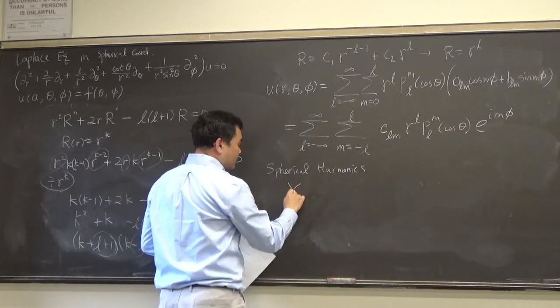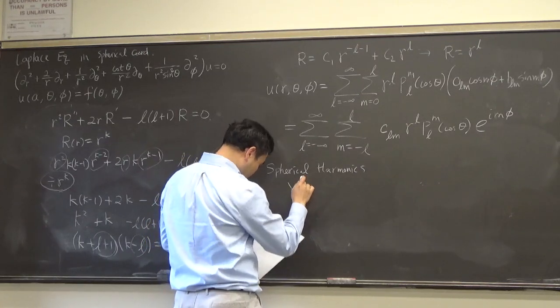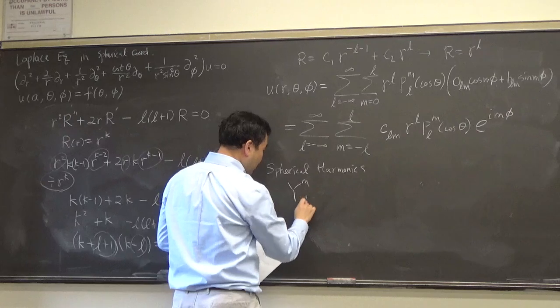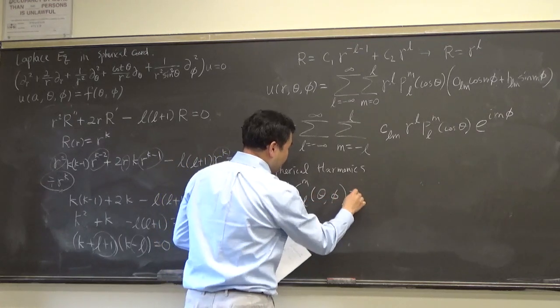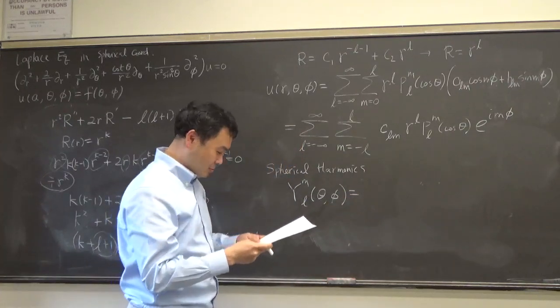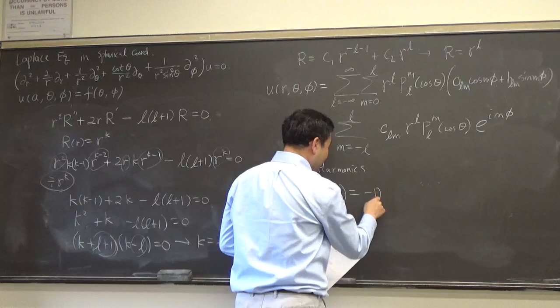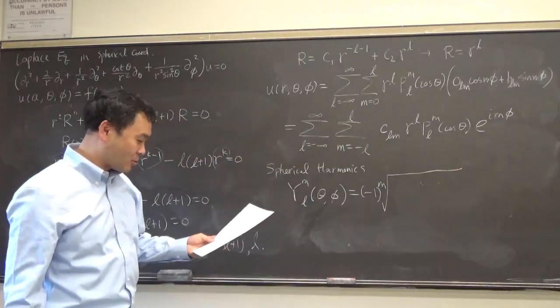And these are defined as Y_L^m(theta, phi). And I'm just copying this straight from Wikipedia. I hope they didn't make a mistake. They rarely do. I think this is right.